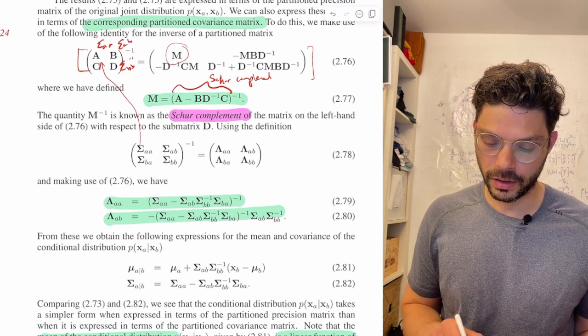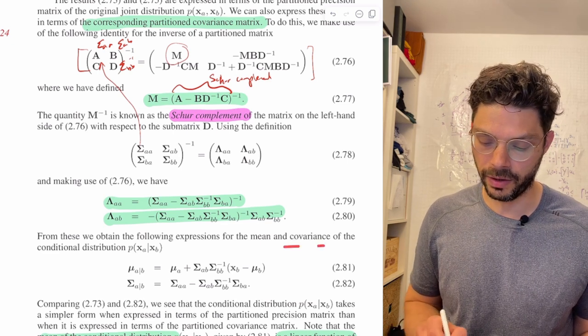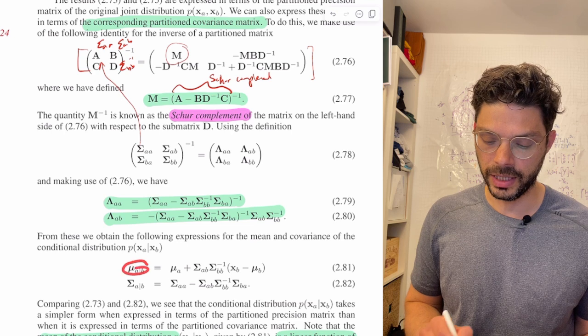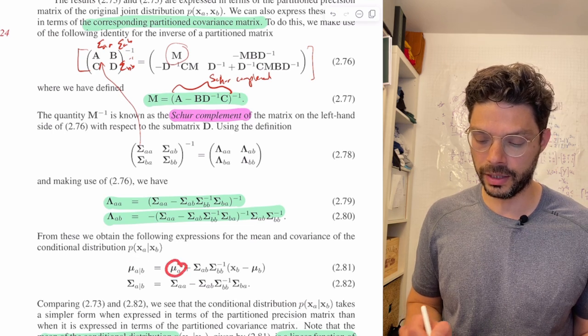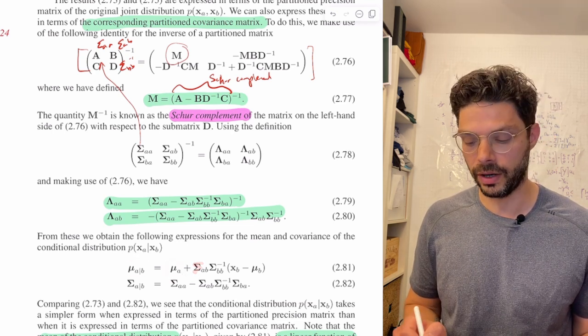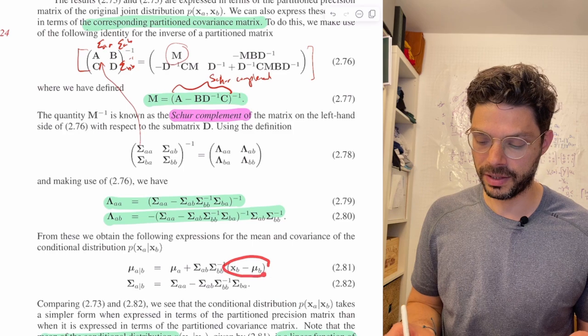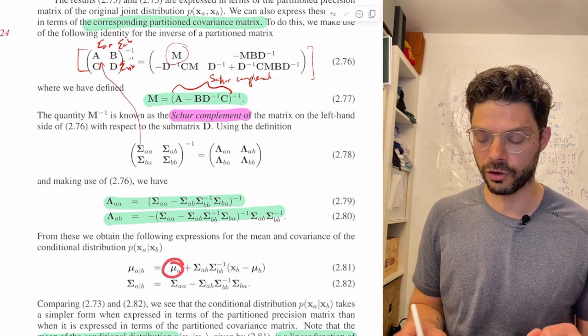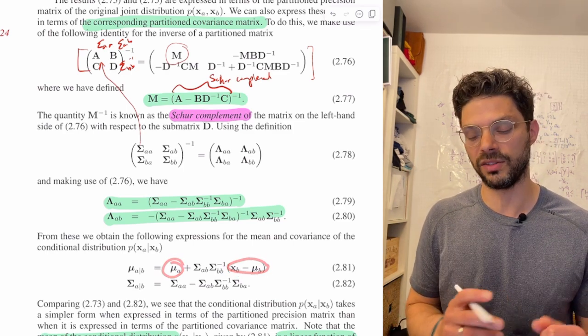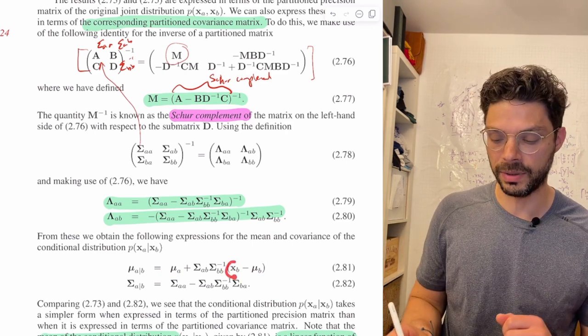So from these we obtain the following expressions for the mean and covariance. The mean update is equal to the original mean plus your original covariance AB times the inverse of the bottom right block, times this correction. So essentially you're taking the original mean and then doing a correction that depends on where xb actually fell.